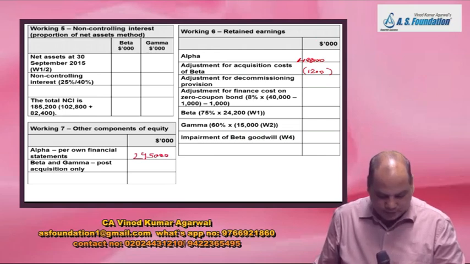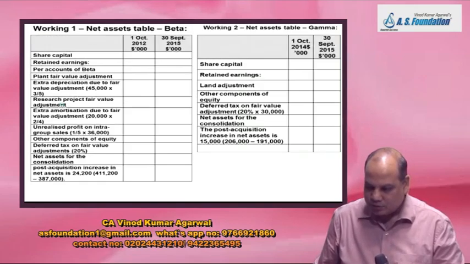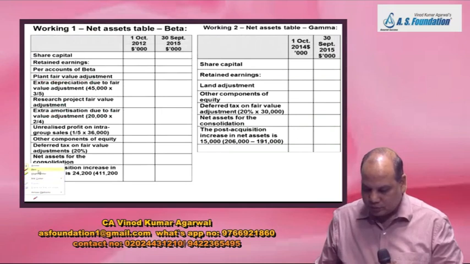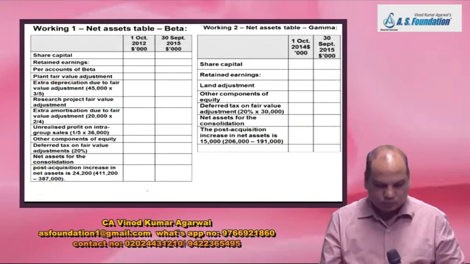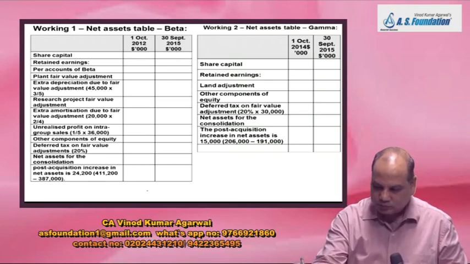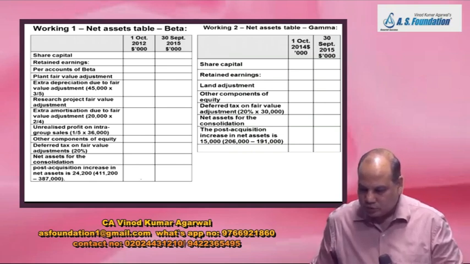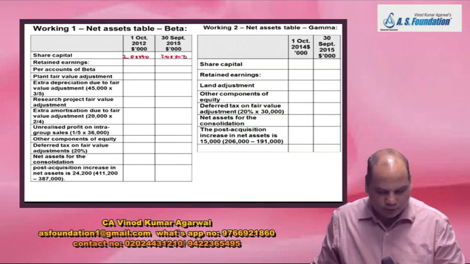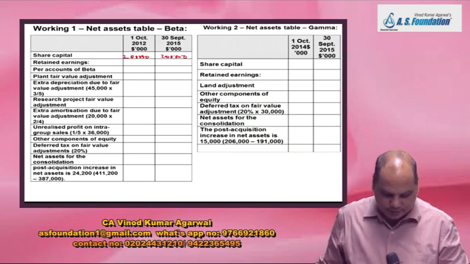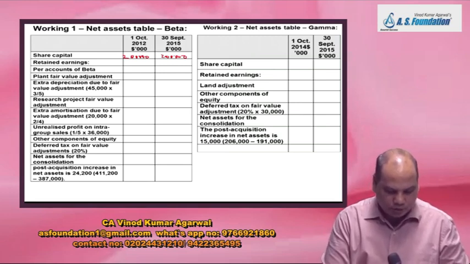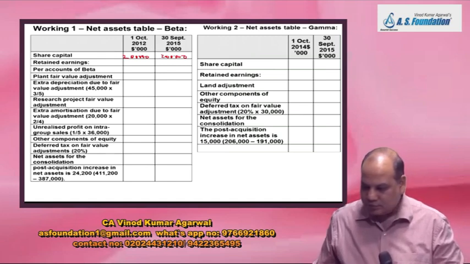Okay. Then subsidiary. Subsidiary number 1, Beta. Come to working note 1. Share capital 2 lakh, on both the dates 2 lakh. Now wait a minute. Retained earning on the date of acquisition. It is given in the note number 1, 1,25,000.